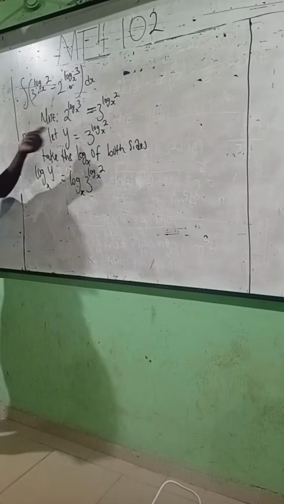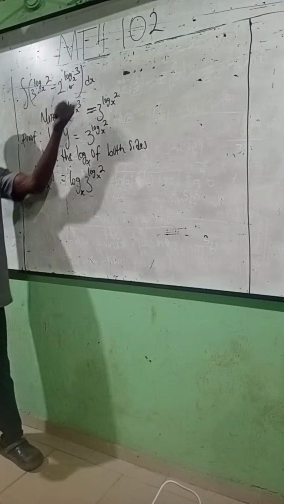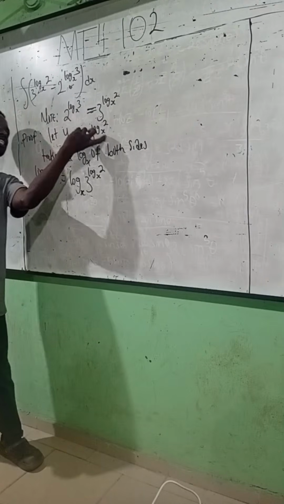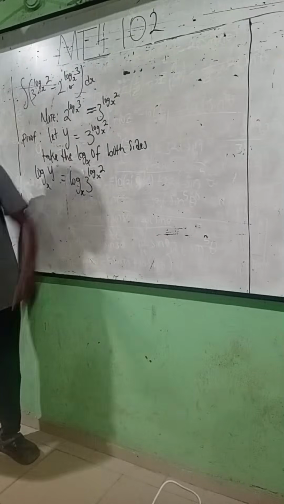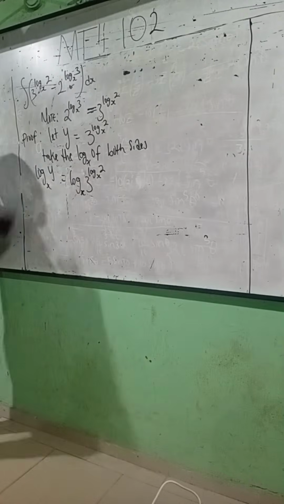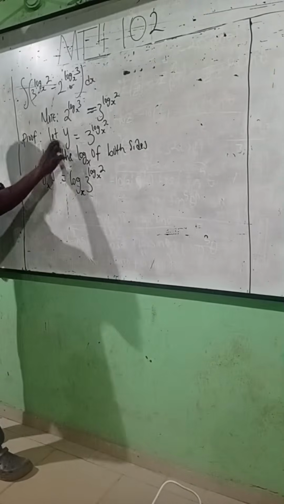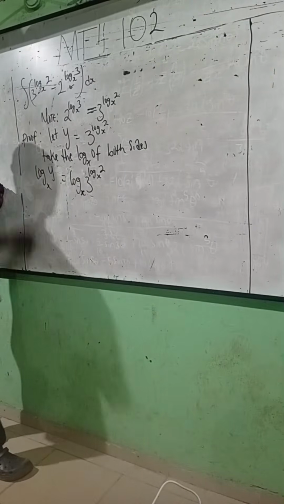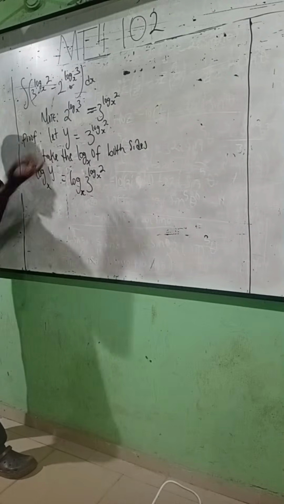So now, we say let y be either of these. If we say let y be either this or this, we want to show why this must be equal to this. So we take the log of both sides in base x. If I say let y equals 3 raised to the power log 2 base x, then take the logarithm of both sides in base x, then we have log y base x equals log of 3 raised to the power log 2 base x.